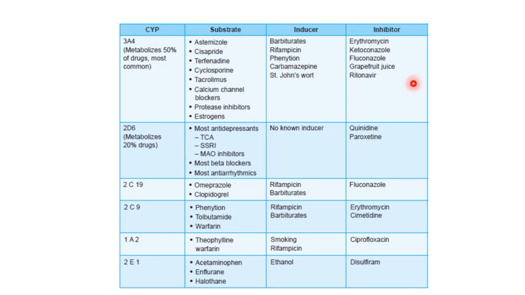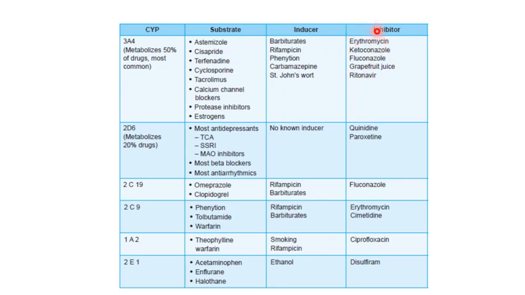In other cases, a drug may have the ability to inhibit the metabolic activity of this group of enzymes, like erythromycin, ketoconazole, fluconazole, grapefruit, or ritonavir.